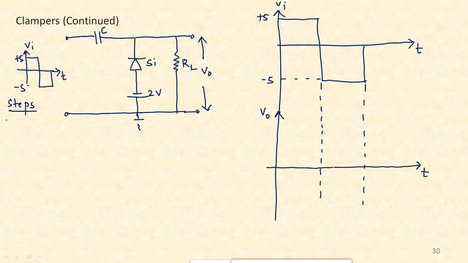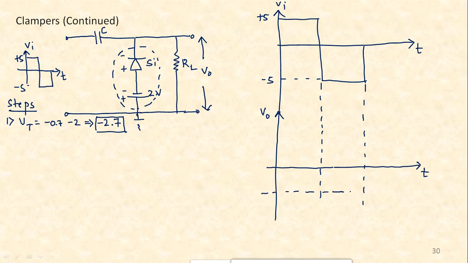The first step is to determine the transition voltage. So this is minus plus minus plus, so altogether the combination is how much? Vt is equal to minus 0.7 minus 2, so overall it is minus 2.7. Is that correct, students? The transition voltage is minus 2.7 volts. Let me represent it here, minus 2.7 volts.